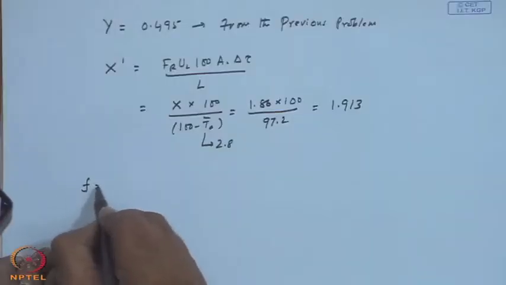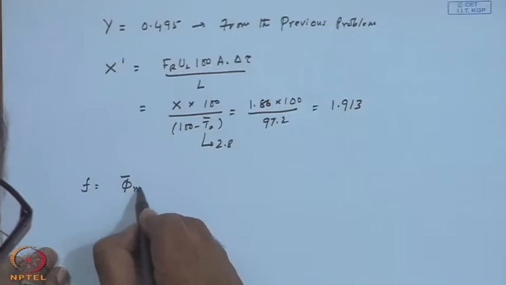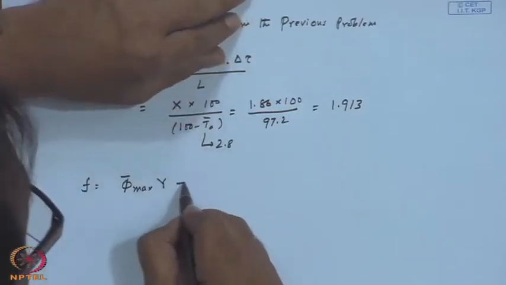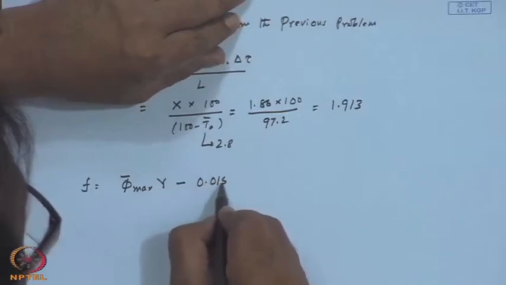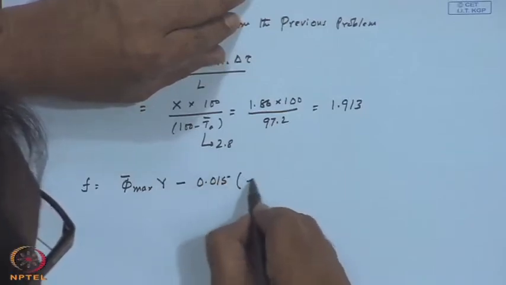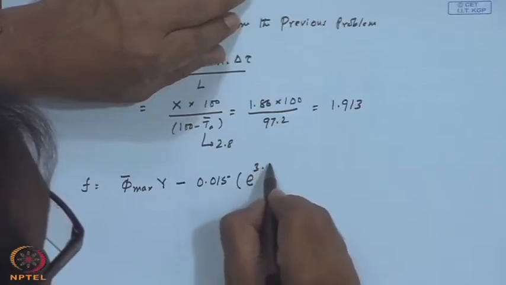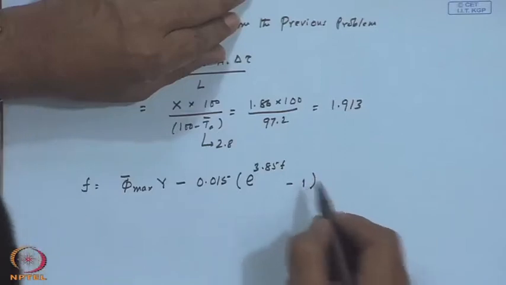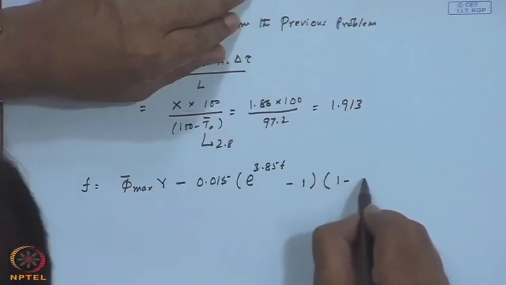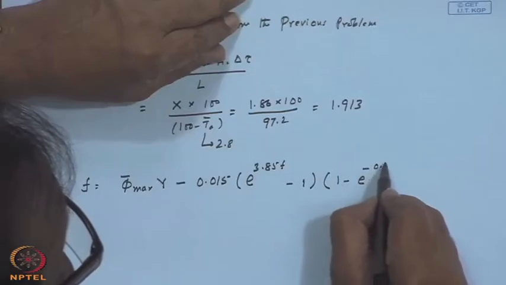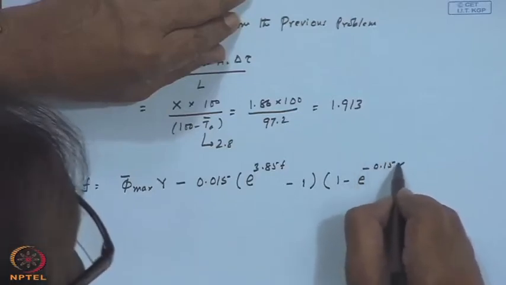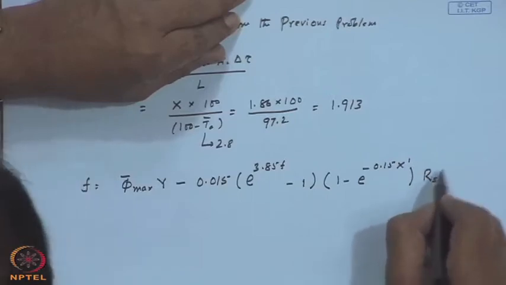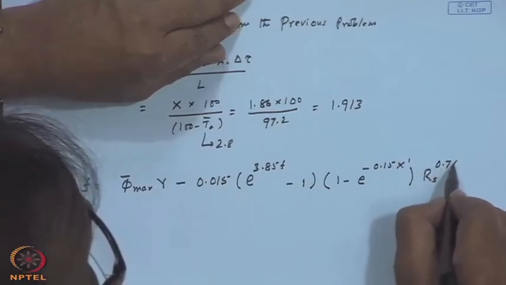F is equal to phi bar max Y minus 0.015 e to the power 3.85 f minus 1 multiplied by 1 minus e to the power minus 0.15 X dashed times Rs to the power 0.76.